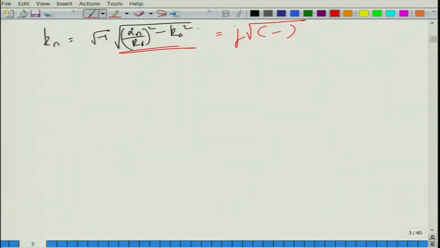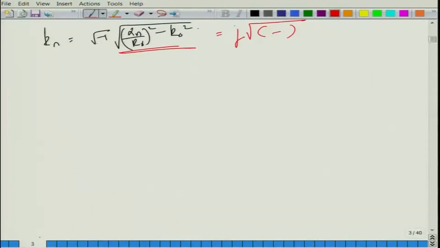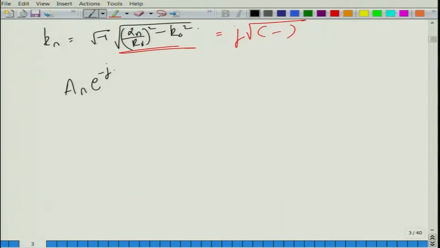However, if we consider this as j, then the coefficient associated with a n will become minus j times j root over alpha n by r naught square minus k naught square. So this will become a n, j square is minus, plus. So something positive, and this of course is multiplied by z, right.